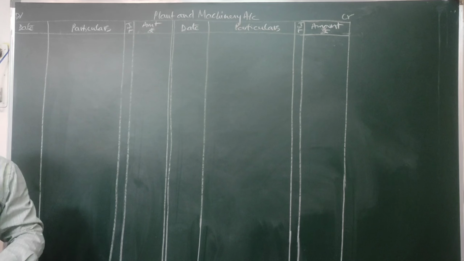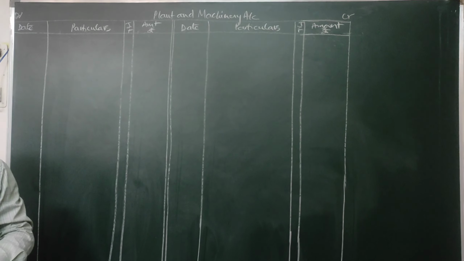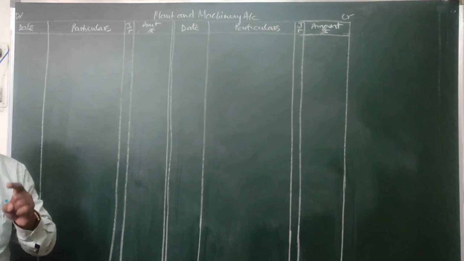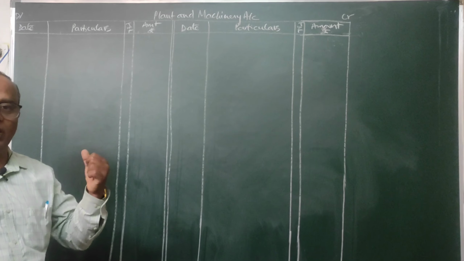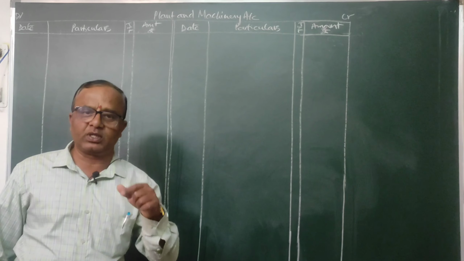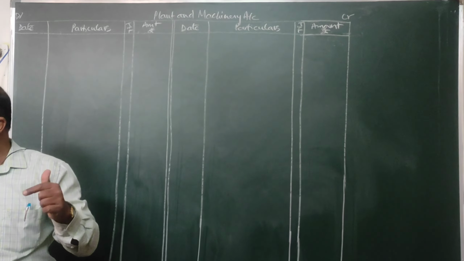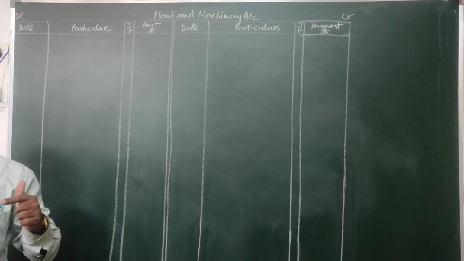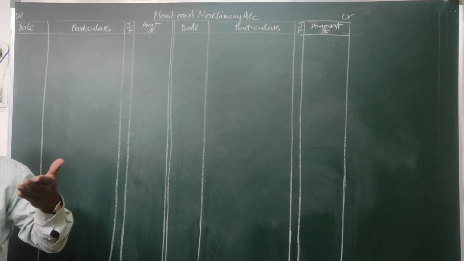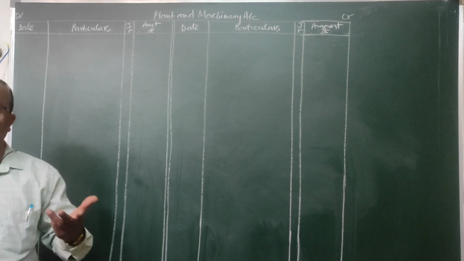So observe here, on 1st April 2018, the plant and machinery is purchased for 2 lakhs. When an asset is purchased, what is the entry? Asset account debit to bank, we said. Here the asset is plant and machinery, so our entry will be plant and machinery account debit to bank.